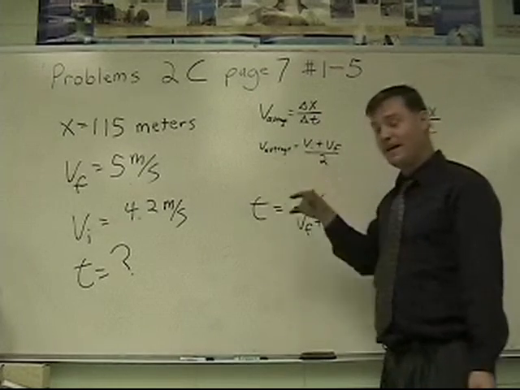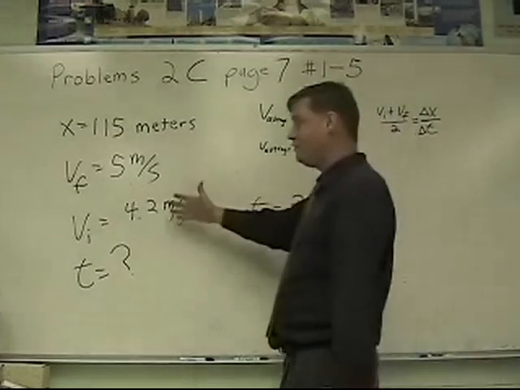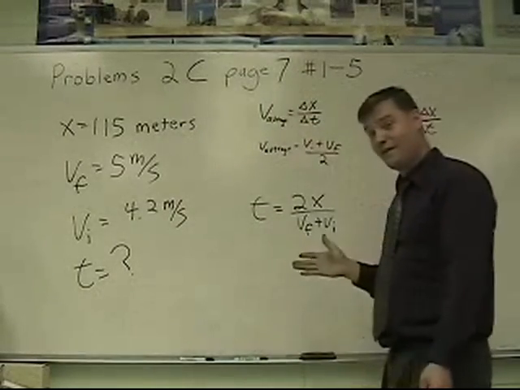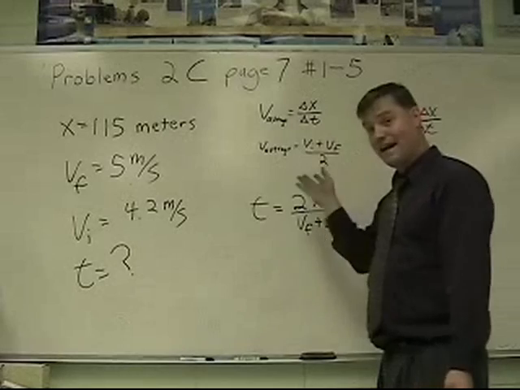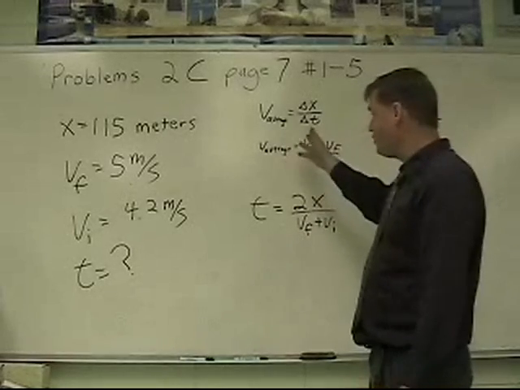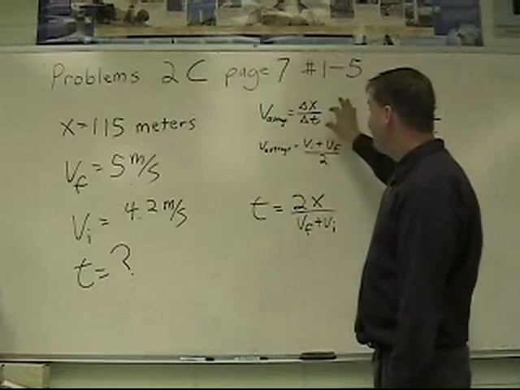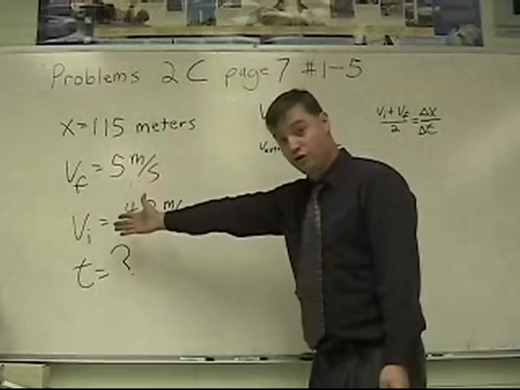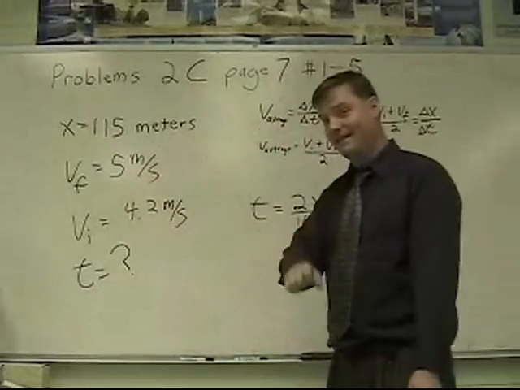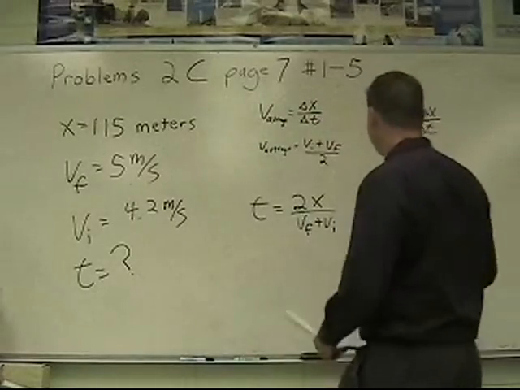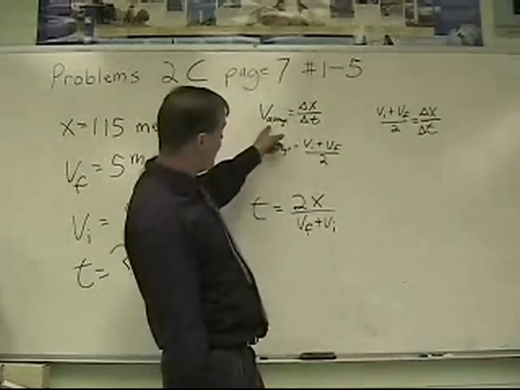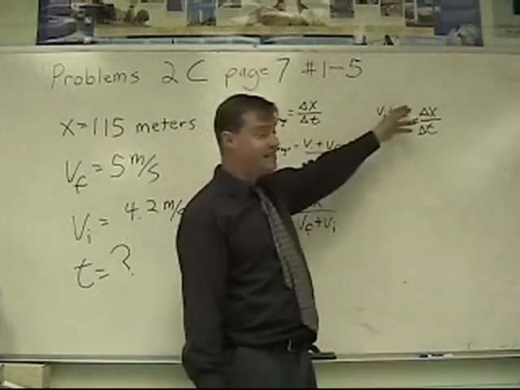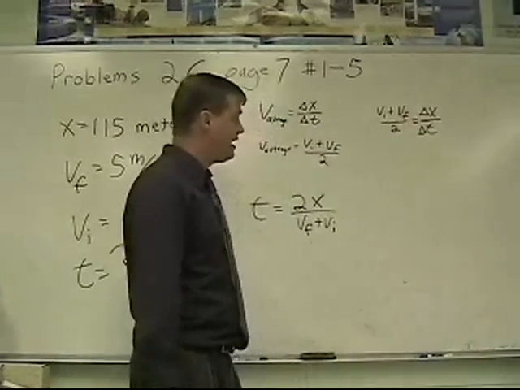And we also know that the average velocity, when we have two velocities, is our initial velocity plus our final velocity divided by 2, taking the average of that velocity. Seeing as we're given a distance and two velocities at a constant acceleration, we can determine that our average velocity, vi plus vf, divided by 2 is equal to our distance over our time.